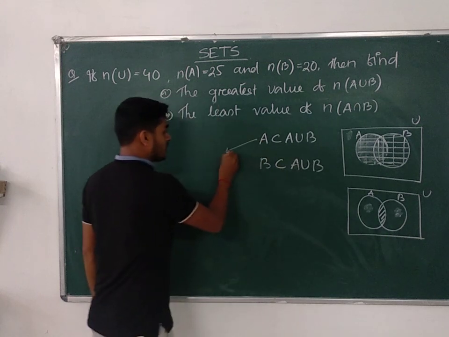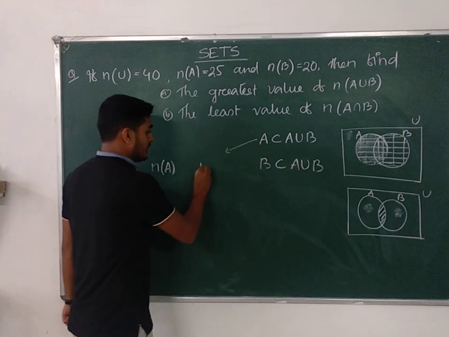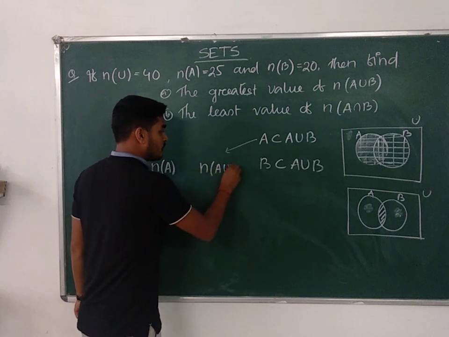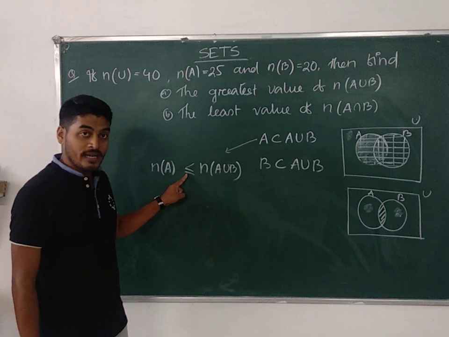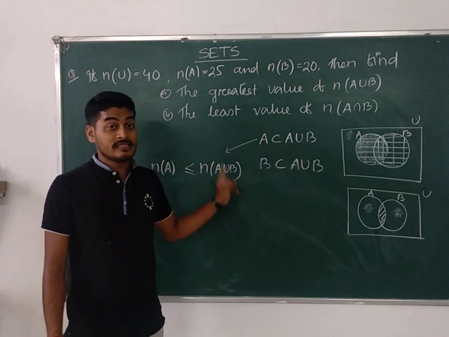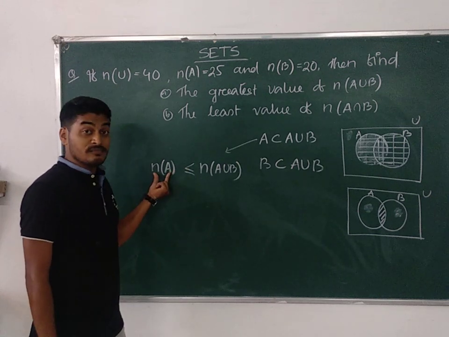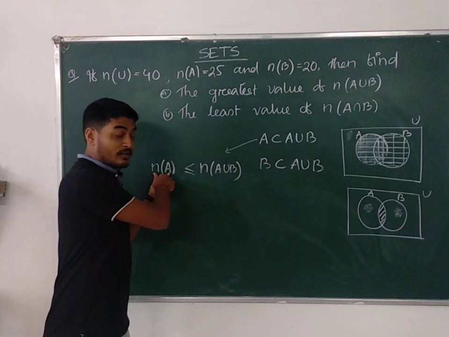But whenever we convert it to n of A, that is nothing but the number of elements. Here it will be the number of elements in A union B. It is always less than or equal. You are not supposed to write subset. Do you know why? Set or ketot subset, kintu number of ketot either greater than hoy no, but less than hoy. N of A is not a set, it is a number. Number of elements in A thoka element or honkha.